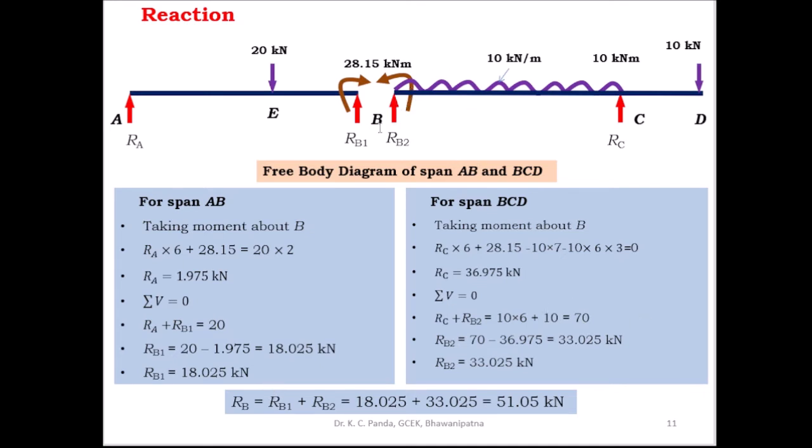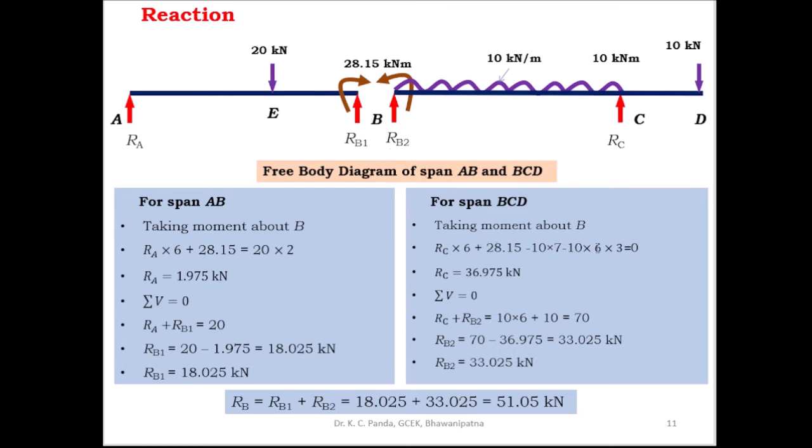Then let us take span BCD and find the reactions RB2 and RC. Here also you take the moment about support B and find the reaction at C. Then take the summation of vertical force equal to 0, and from that equilibrium equation you can find the reaction at support B, RB2.